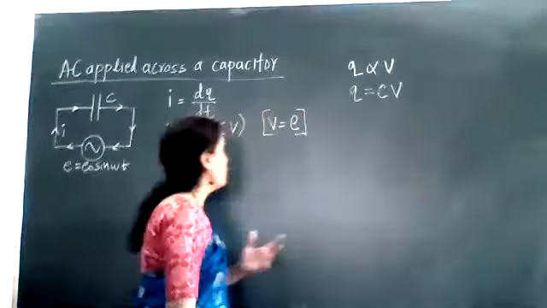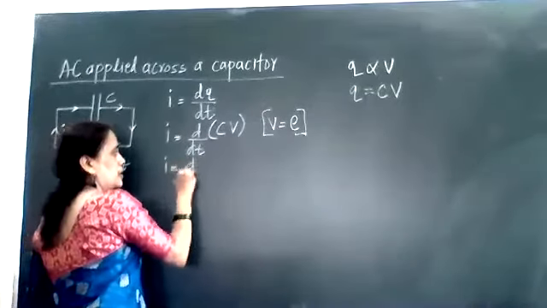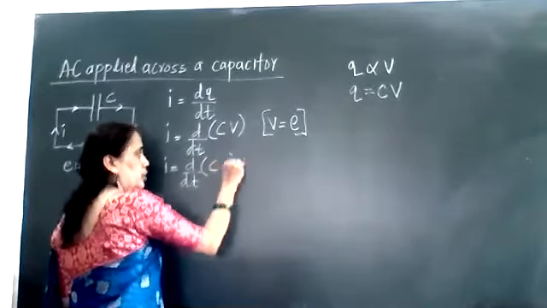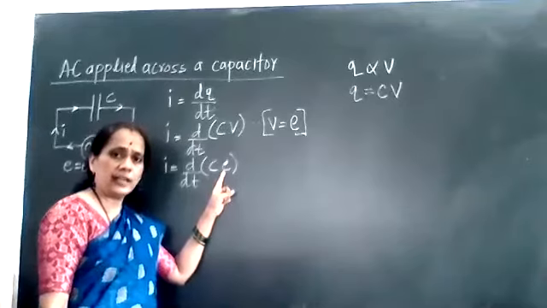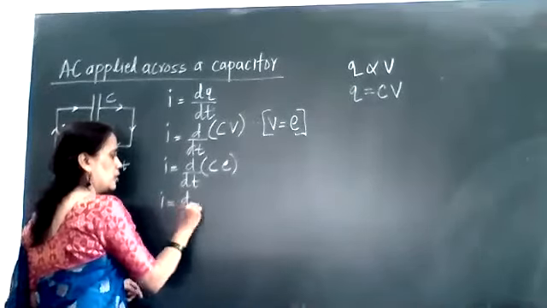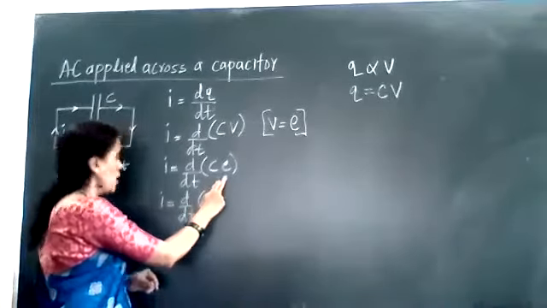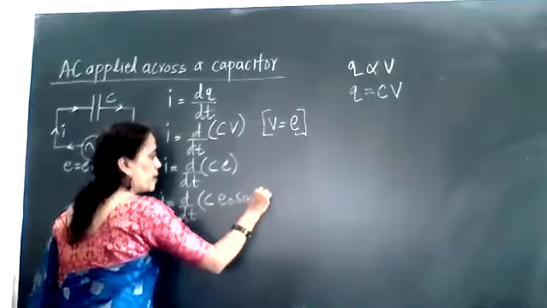So instead of V, I can write down I is equal to d/dt of, in bracket, C into E, where E is nothing but your alternating EMF. So I am going to write down I is equal to d/dt of, in bracket, C, instead of E I can write down E0 sin omega t.